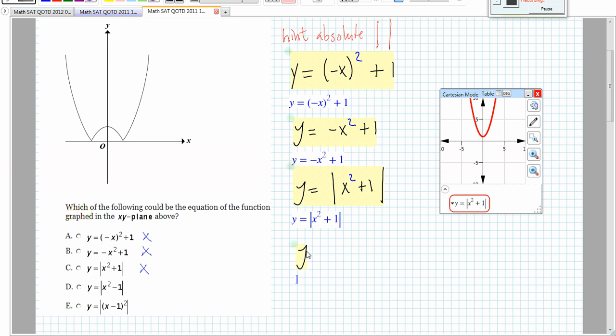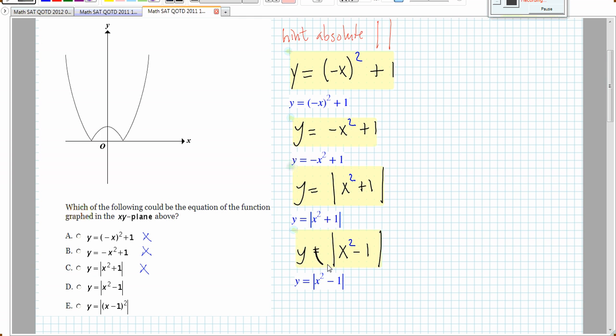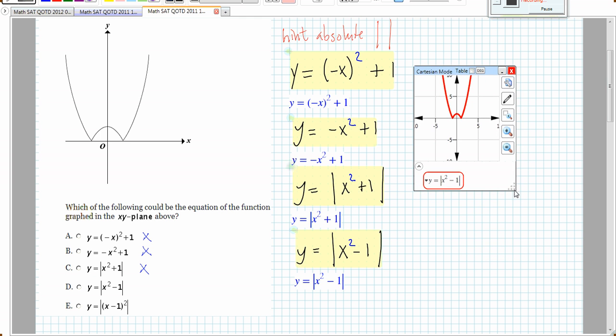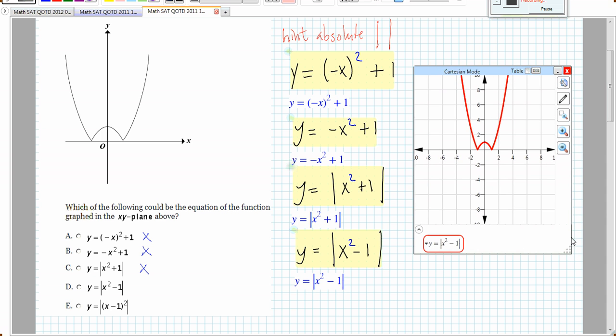y equals the absolute value of x squared minus 1. And we'll close this one down. Let's try this one. Oh, interesting. This is looking good. So why does this look good? The minus 1 is going to shift the normal parabola for x squared down 1.